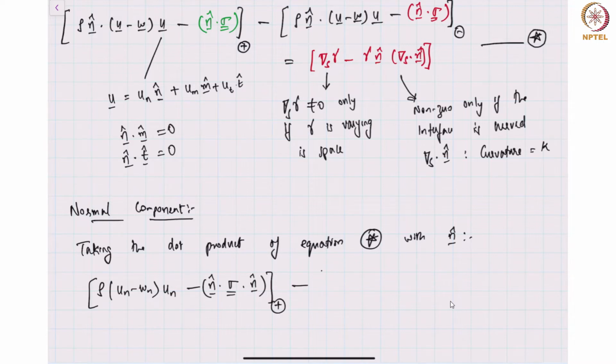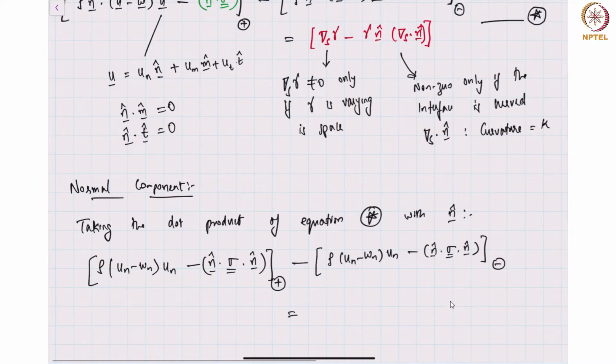I have the same term on the right hand side, rho un minus wn times un, and the same term on the minus side as well, minus n dot sigma dot n on the minus side. This will be n dot gradient of gamma minus gamma n dot n of del S dot n.